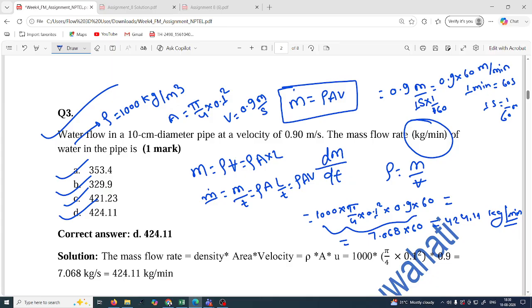If you somehow forget the formula of mass flow rate, remember one thing: mass flow rate is nothing but mass per unit time, and your unit is also given, kg per minute. And what is your mass? It is nothing but rho into volume. So you can think like that, and definitely you will get the answer.